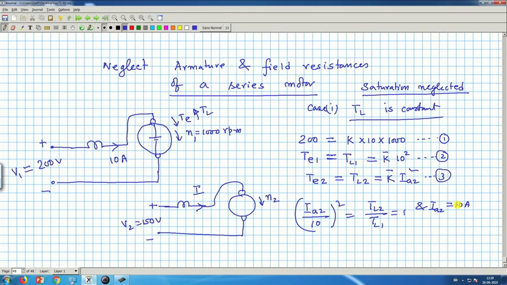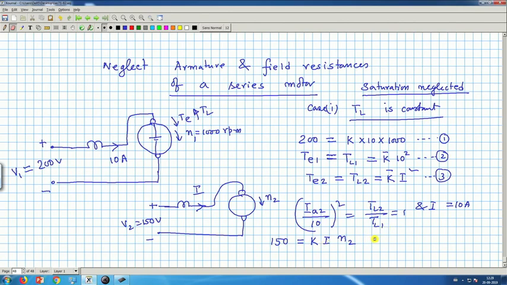What will be the new speed? New speed: 150 volt, back EMF equation, is equal to K into phi into N2. I should not write IA2 square because they are same. Got the point? So, supply voltage is K I N2.